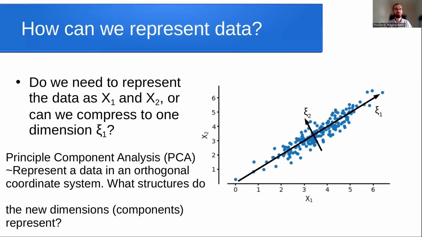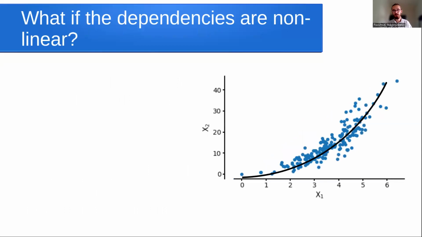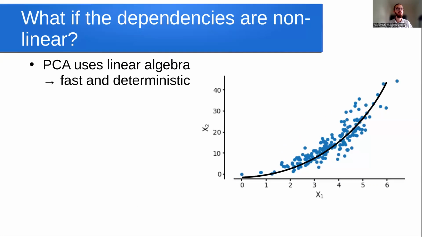But imagine if you have a nonlinear dependency between x1 and x2, then doing a principal component analysis becomes really, really hard. Principal component analysis is usually very fast and very easy to apply.